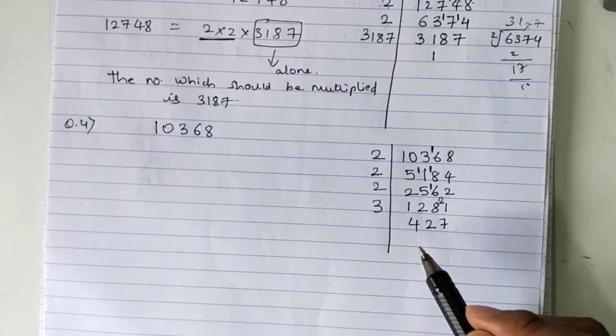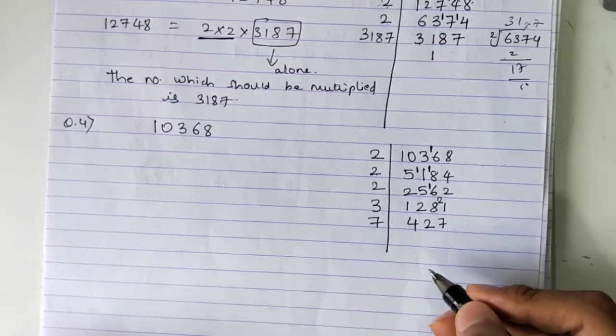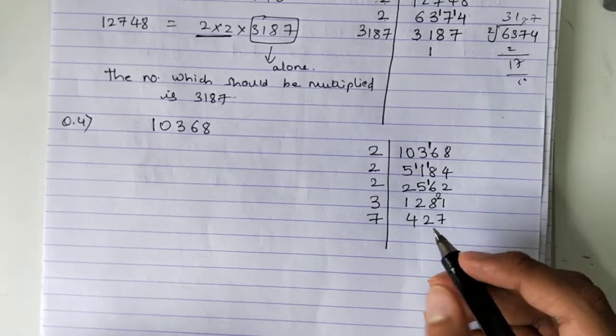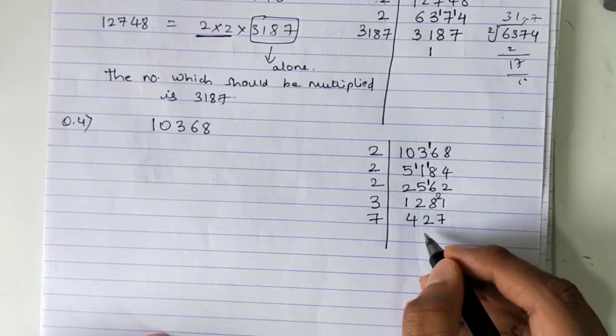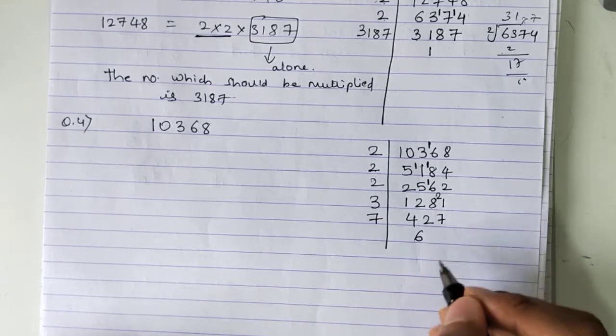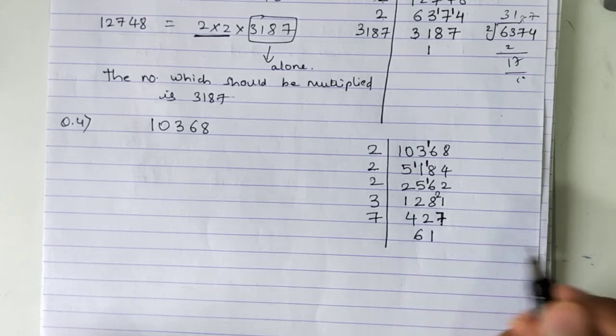Then this is divisible by 7. This is not divisible by 3, but it is divisible by 7. So 7 6s are 42 and 7 ones are 7.